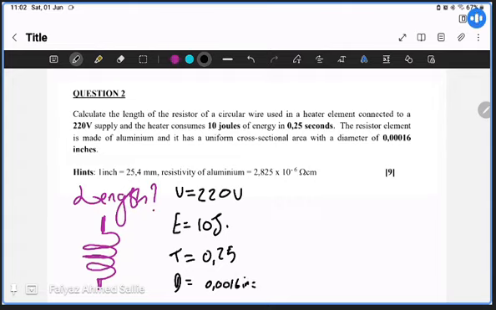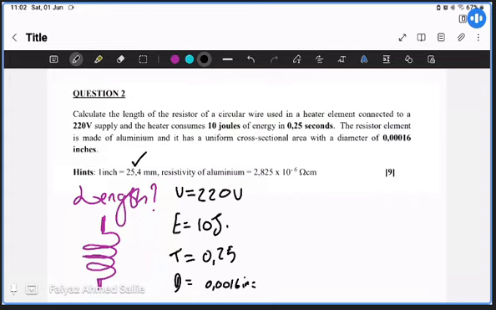Let's convert that immediately to millimeters. So we're going to take 0.016 multiplied by 25.4, if I'm not mistaken.